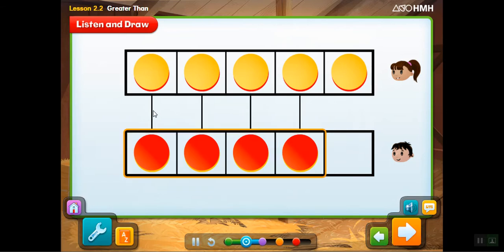There are 4 red counters in Oliver's set. 5 is greater than 4. That means Meg's set of yellow counters has a number greater than Oliver's set of red counters. So, yep, we just counted, and we did a nice job, and we were able to see that 5 is greater than 4. Meg had 5, Oliver only had 4. Meg's set is greater because she has more.